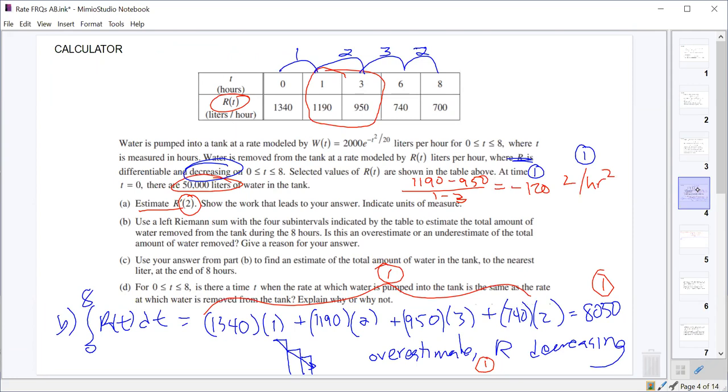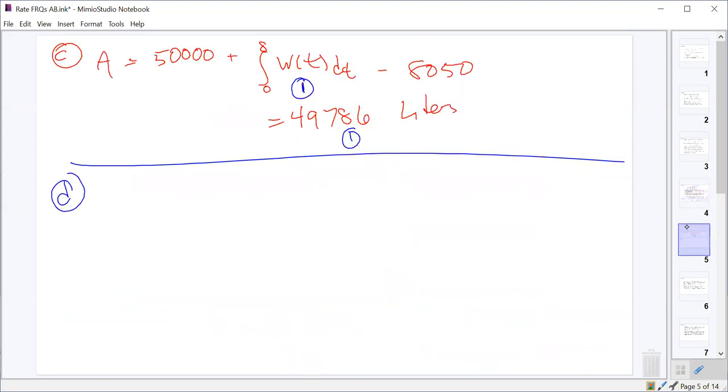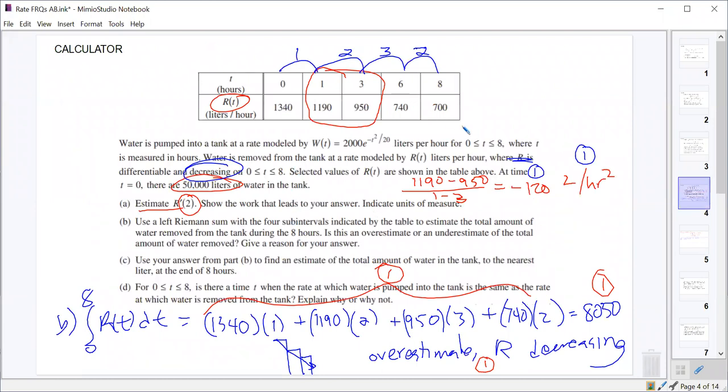If the rate at which it's being removed is the same as the rate at which it's being put in, that would tell you that W of t equals R of t somewhere between 0 and 8. It was 8, right? Yeah, 0 and 8.